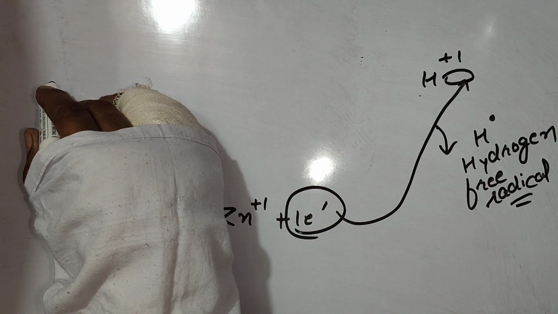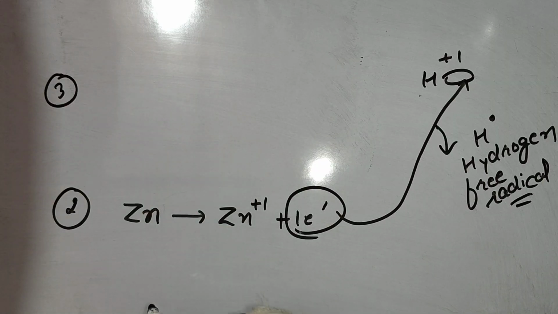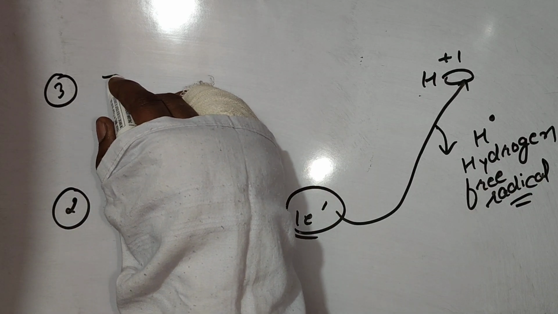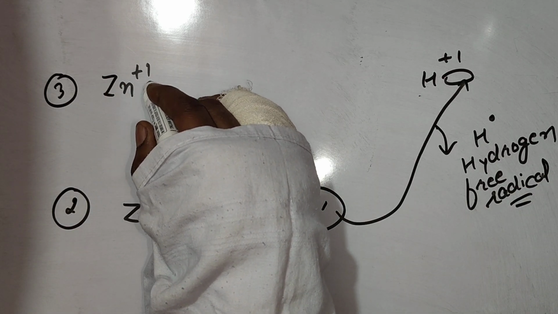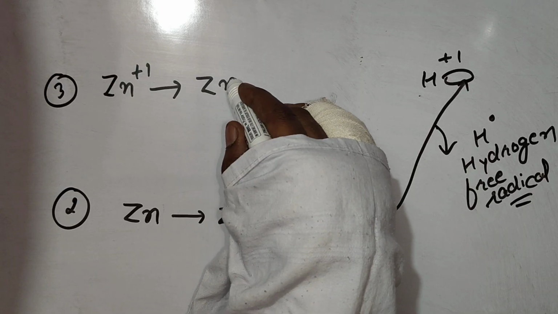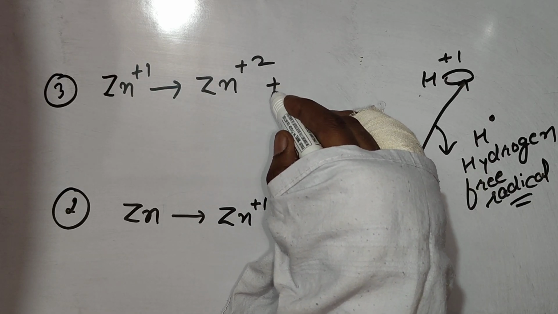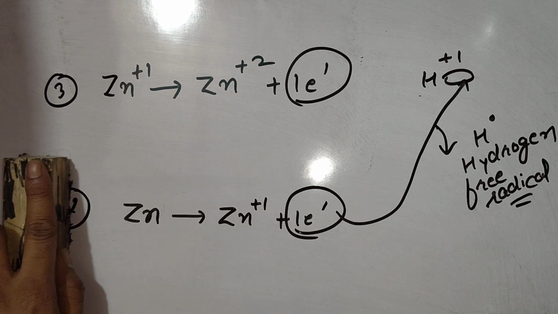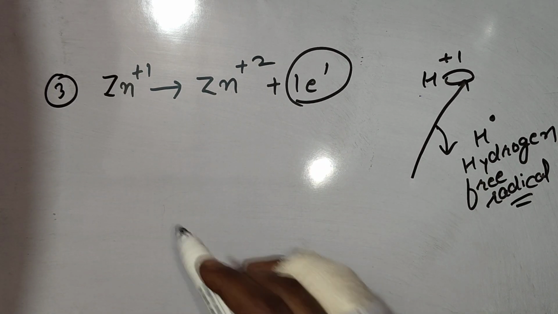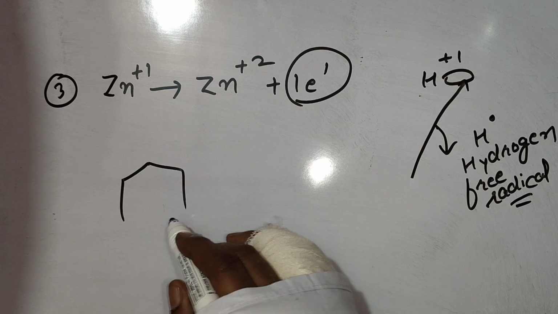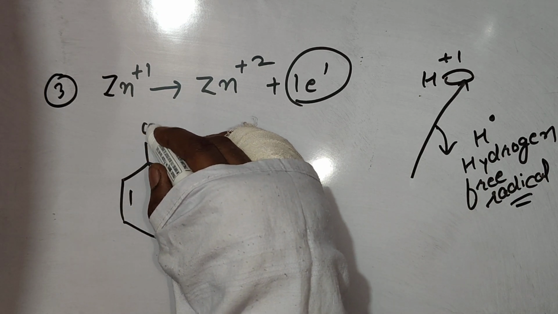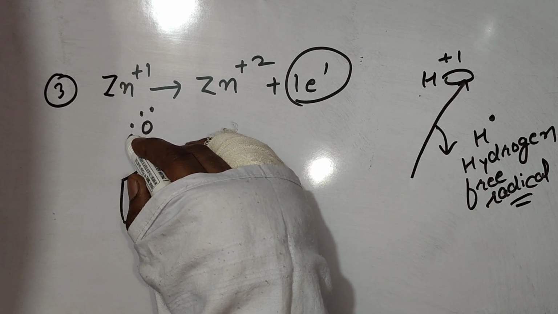Now the third step. You know zinc is ready to lose 2 electrons. After loss of 2 electrons, it gets its stable valency. Zn plus 1 will lose 1 more electron and become Zn plus 2. And that second electron, after the hydrogen free radical is generated, goes here.